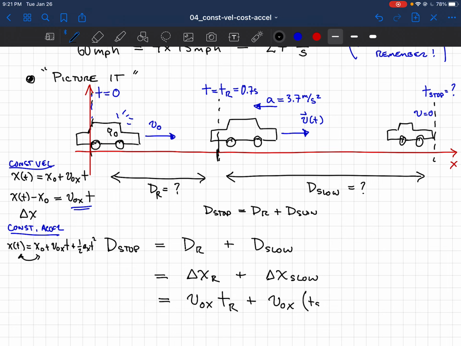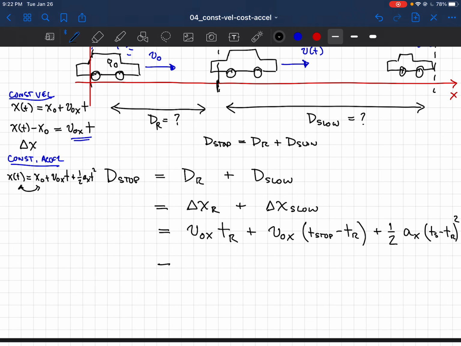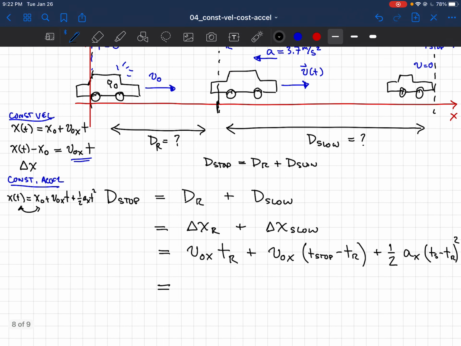So our time now is t stop minus t react. And then we have plus 1/2 times the acceleration, ax, times the same interval of time, t stop minus t react, but squared. So I've used this equation here for the second delta x, and I've used this equation here for the first delta x. Now let's try and put some of our variable names in there.